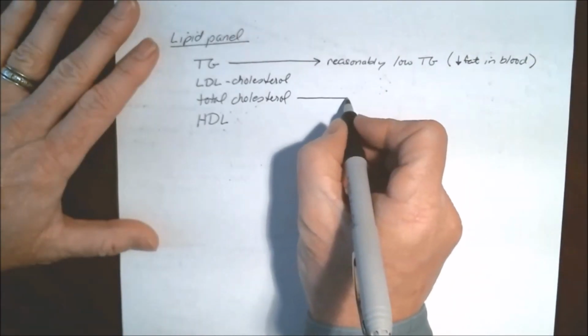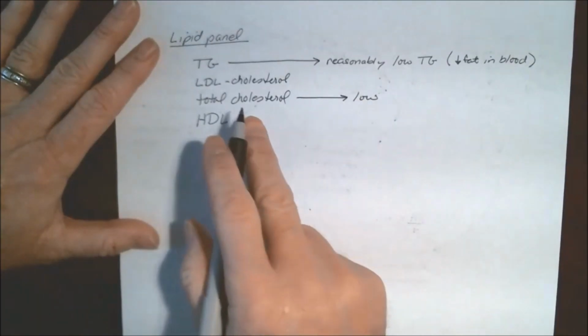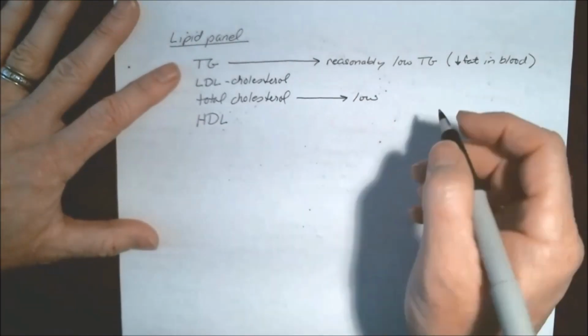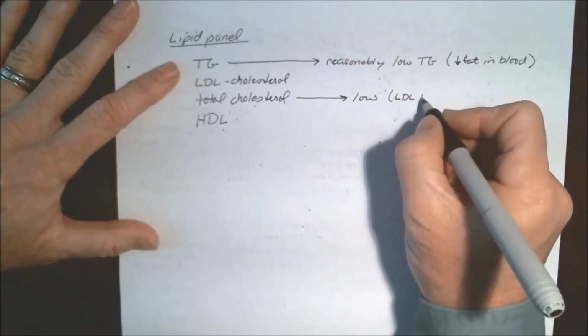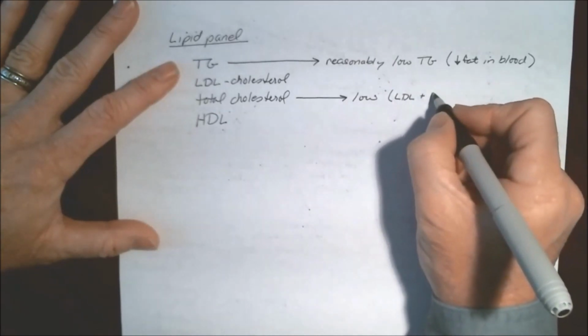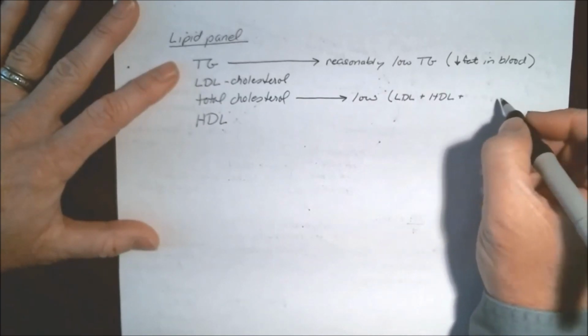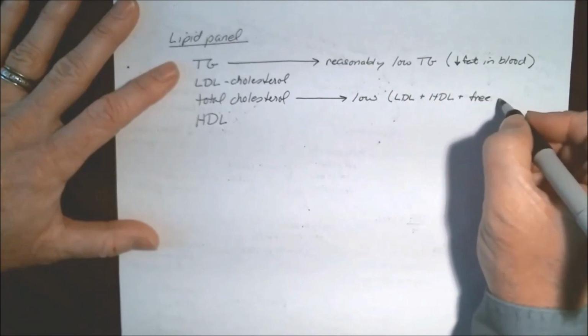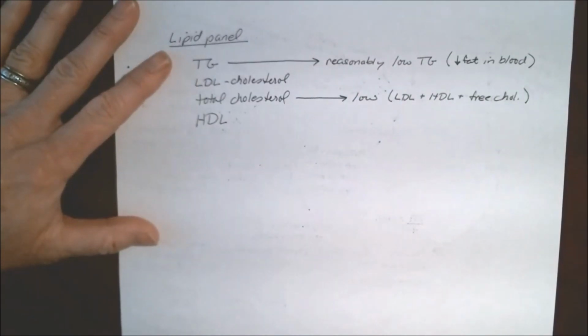Total cholesterol also should be low. But remember total cholesterol. This is a combination of your LDL content of cholesterol plus your HDL content of cholesterol plus any free cholesterol that may be in your circulation.